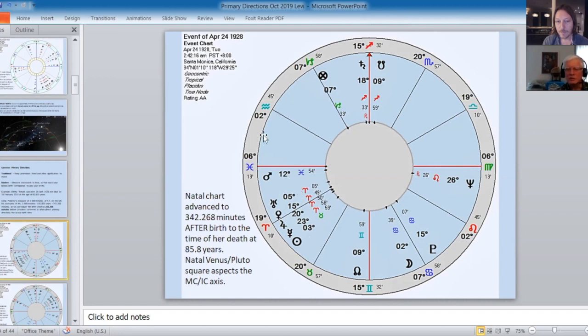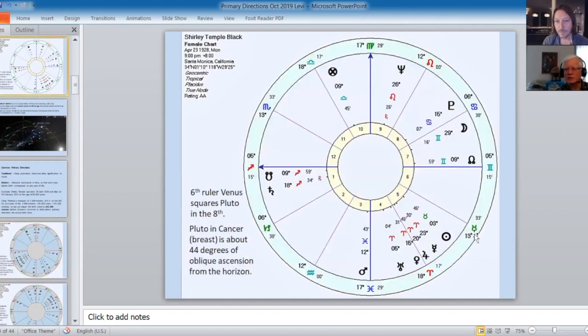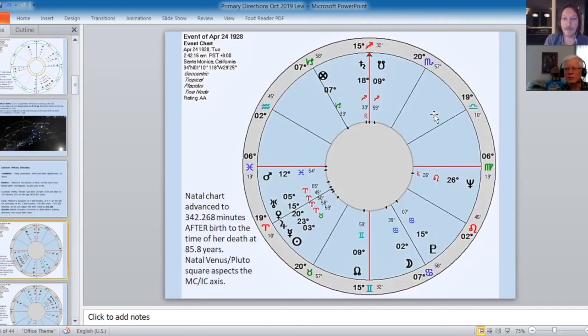Also in her directed chart, Venus is now ruling the 8th house of death. In her natal chart, Venus was ruling the 6th house of illness. So the symbolism is there for death. I also, as a side, it's very interesting. In Vedic astrology, we discussed this earlier.